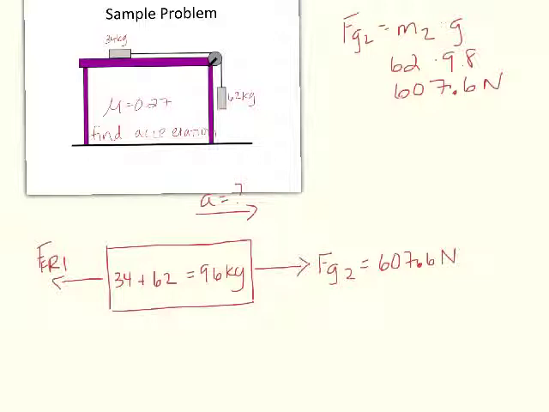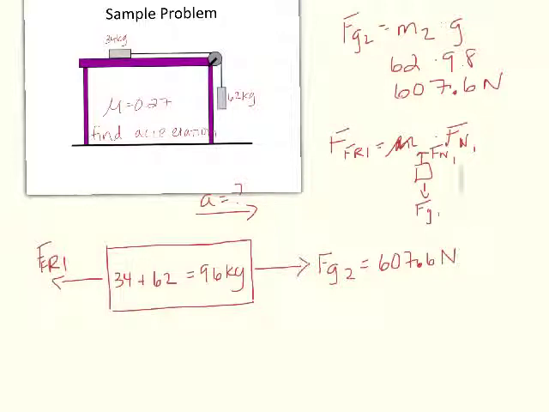So force of friction 1, we talked about it, is equal to mu times normal force of 1, which based on a diagram of just that box, we know Fg1 and Fn1 are the same. So really we need to do mu times Fg1.